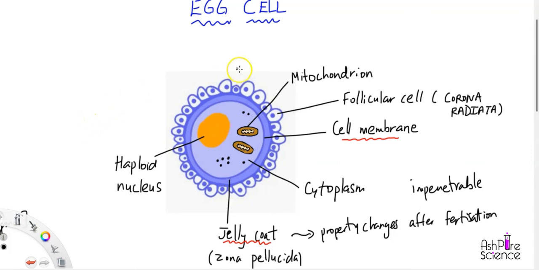So two major adaptations: the jelly coat on the outside, which changes after fertilization, and secondly, inside the cytoplasm it has an energy store, and that stored energy is used by the dividing zygote after fertilization.